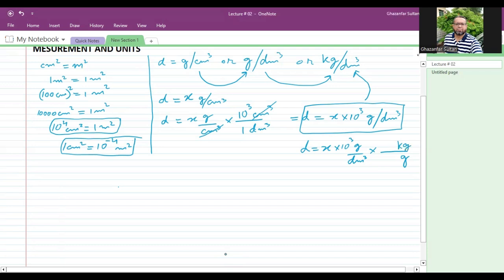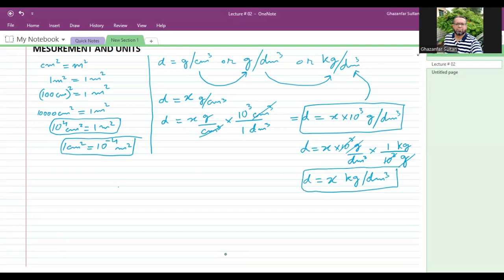We know kilo means thousand, so 1 kilogram is equal to 1000 gram. So here G is cancelled with G, 10 raised to 3 cancel with this. So D is X kilogram per decimeter cube. So in this way, you can develop different relationships.